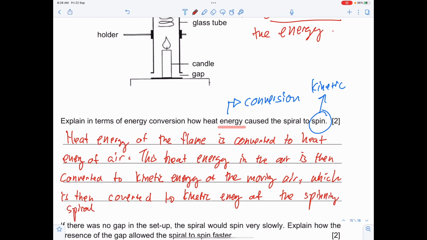So take note, anything that has movement, I use the ing form. Spinning, moving, okay, these are all kinetic energy. Alright?